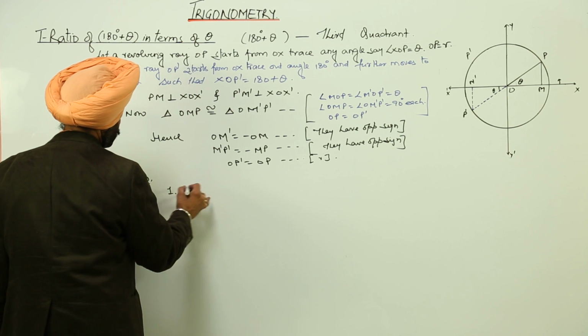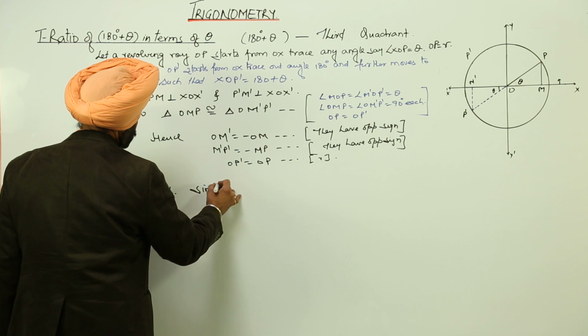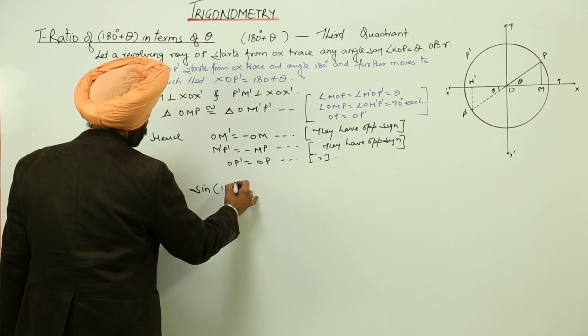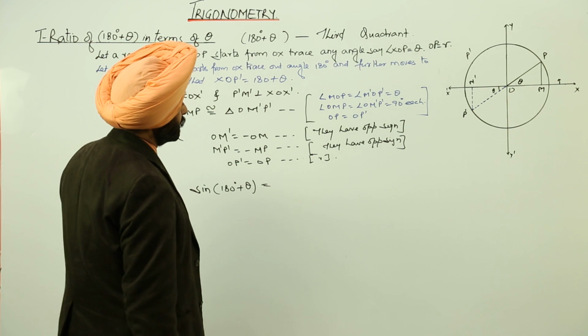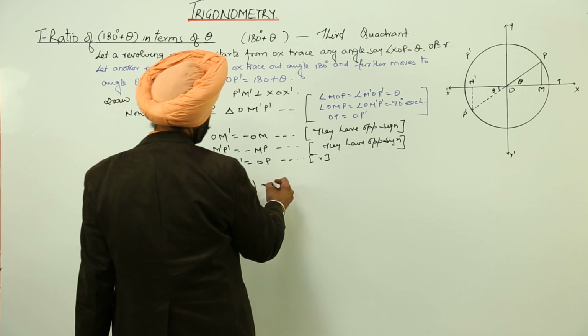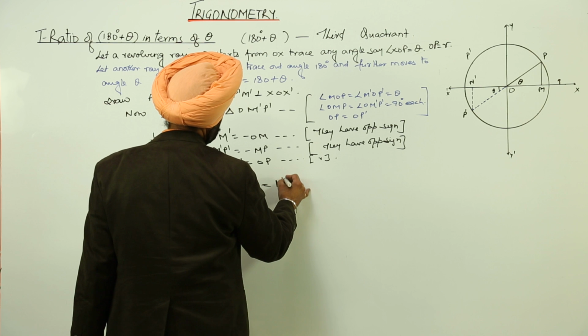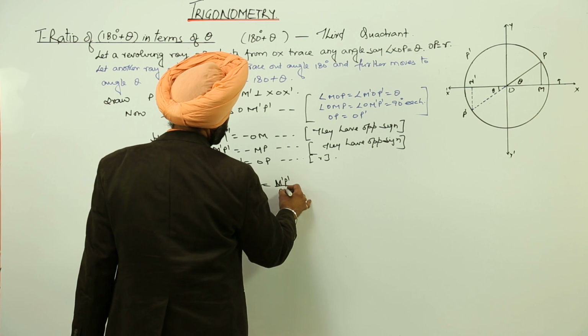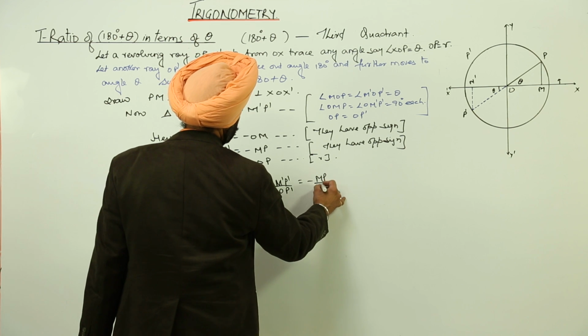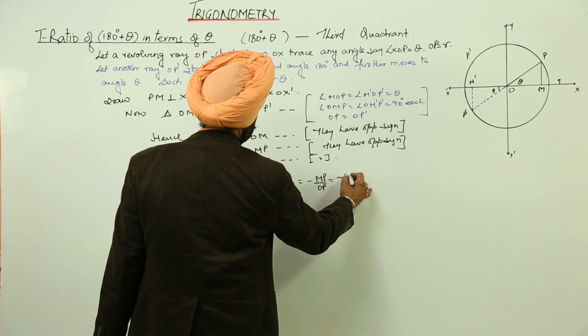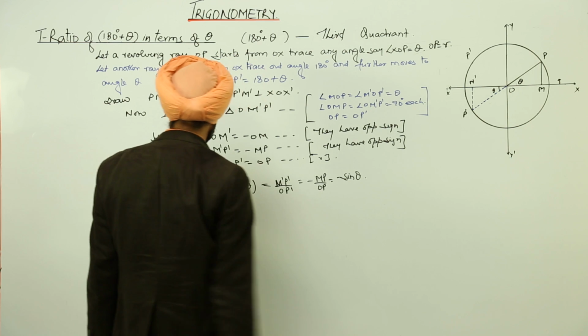Now, number 1. Sine of 180 degrees plus theta. Now sine 180 degrees plus theta is M dash P dash upon OP dash. Now this is equal to negative of MP upon OP, which is equal to negative of sine theta.